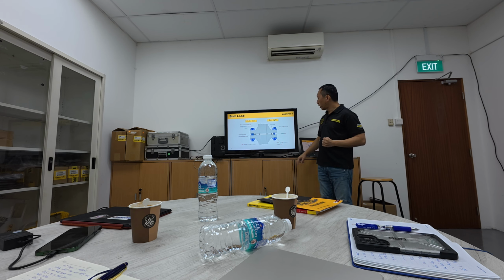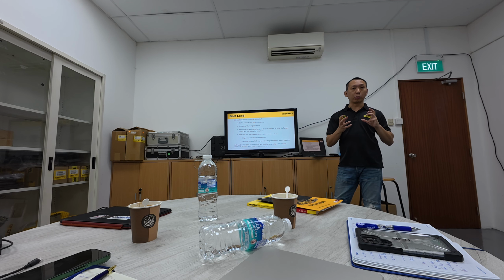So the target bolt load is the upper portion of the bolt load range that enables sufficient bolt load to be retained after the anticipated loss. Take note there will be losses during certain processes, especially for torquing. There will be a lot of bolt loss due to things like friction. Later I will cover bolt torquing and you will understand what we mean by the loss.